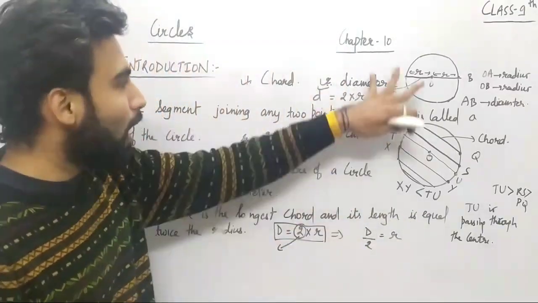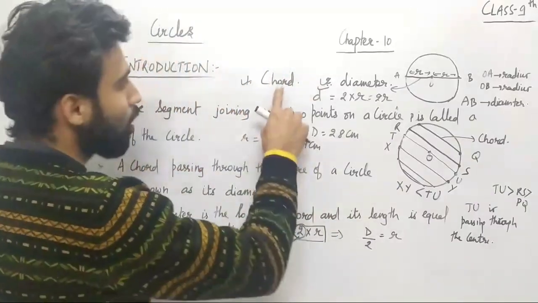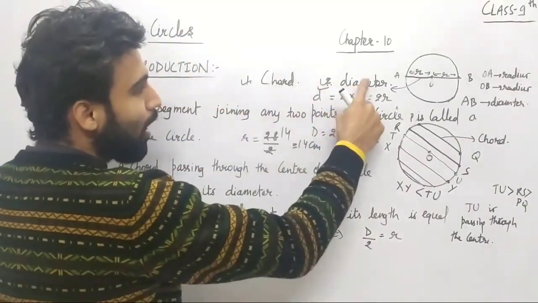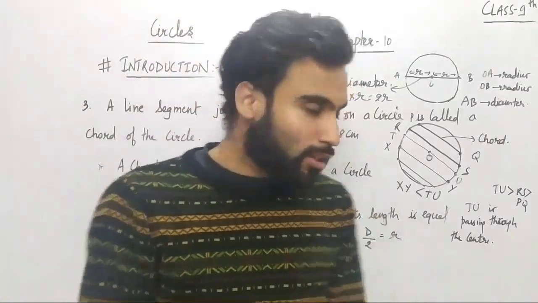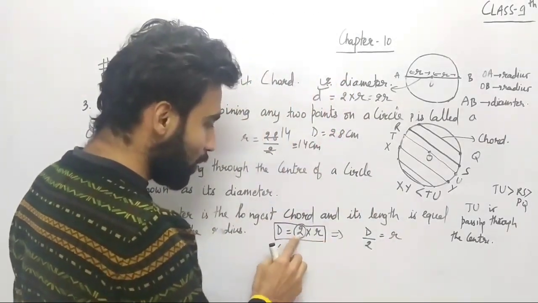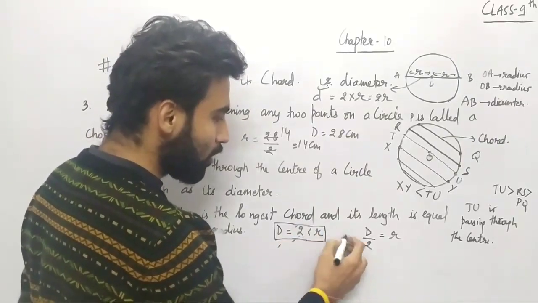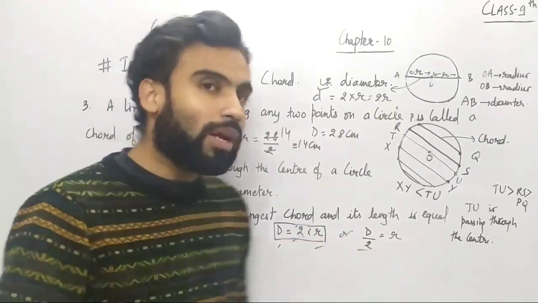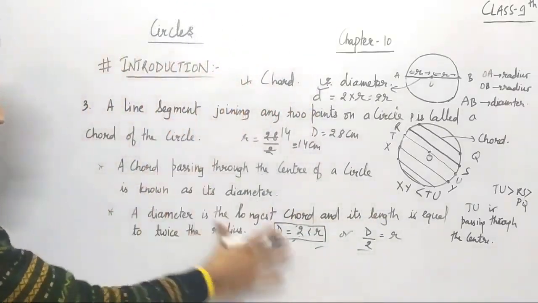So here I have just explained you 3 things actually. You can see the chord, diameter, and the relation between diameter and radius, right? So these are the 2 relations which will come further into this chapter, right? So let me just reread all these things.